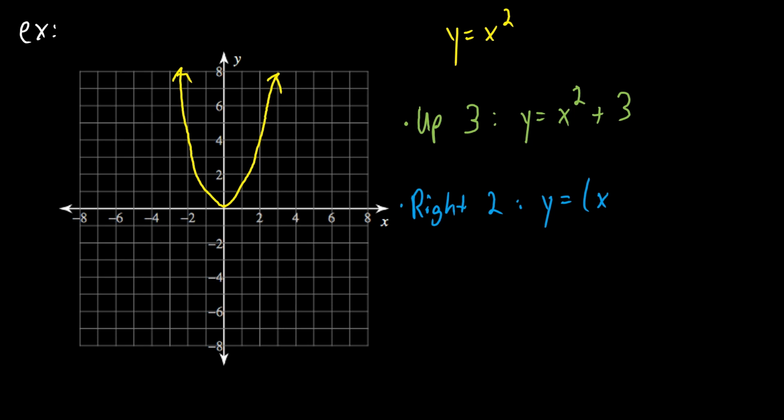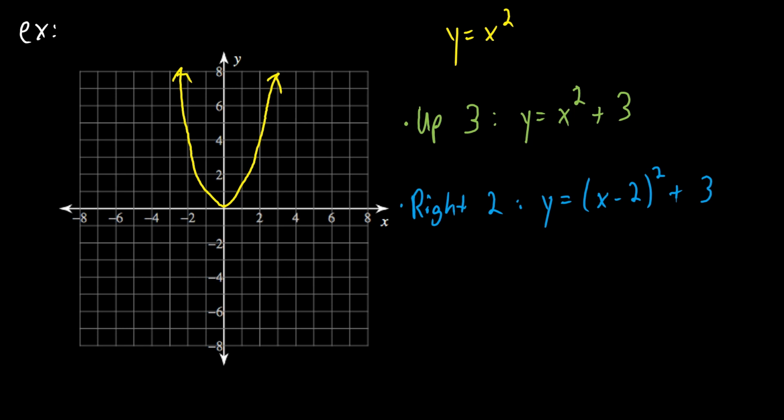And this is going to the right, so we just have to subtract 2 there. And you'll still need to include that plus 3 from that vertical shift. If we wanted to go left 4, it'd be x plus 4 right here. If we wanted to go to the right 3, it'd be x minus 3.